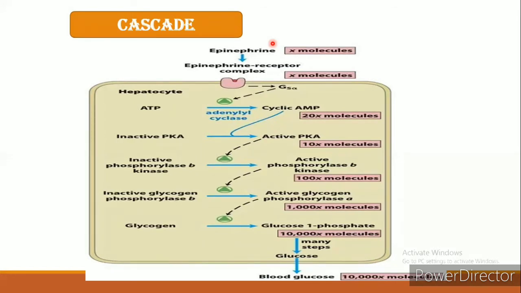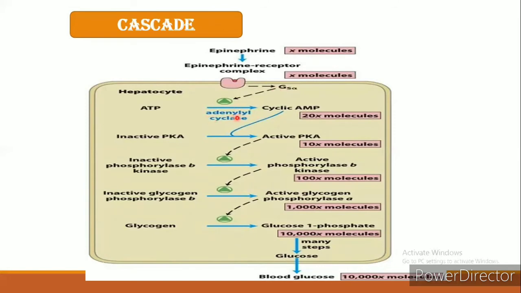For example, a single molecule of epinephrine binds to a receptor, forming the epinephrine receptor complex, which is activated and triggers adenylyl cyclase with the help of G protein at the cytosolic side of the plasma membrane.